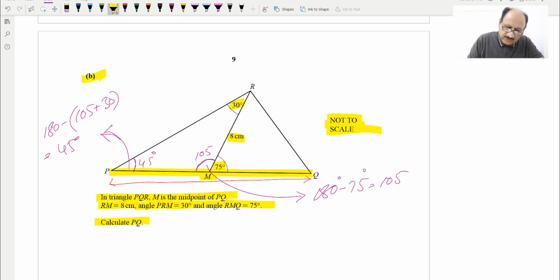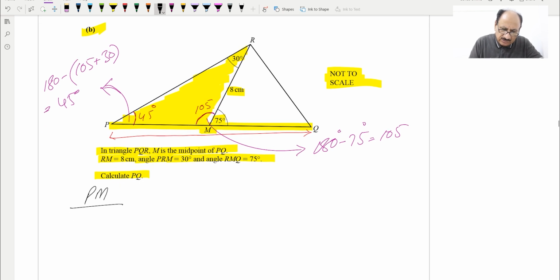Now we will consider this triangle, and in this triangle we have all three angles. So now we can use the sine rule: PM over the opposite angle, sine of 30 degrees, equals 8 over sine of 45 degrees. Yes, so we have applied the sine rule.